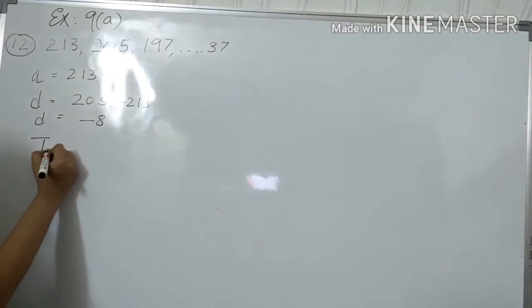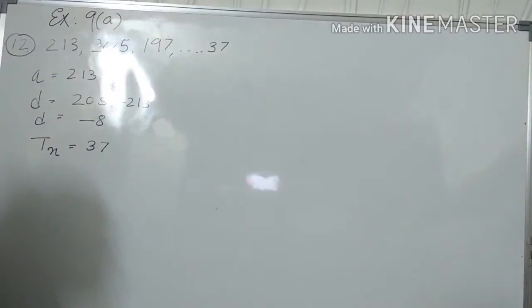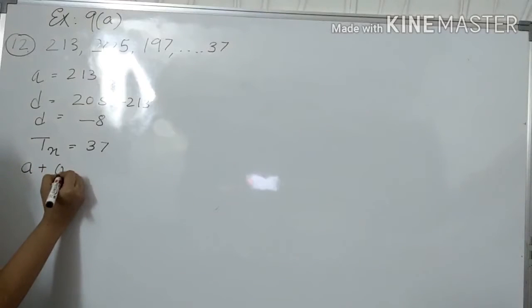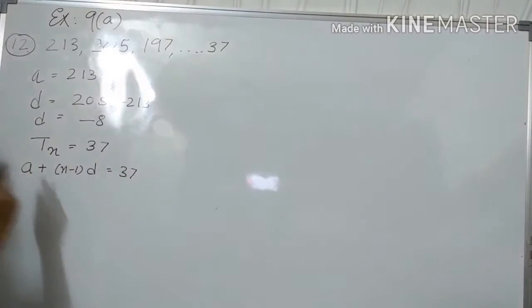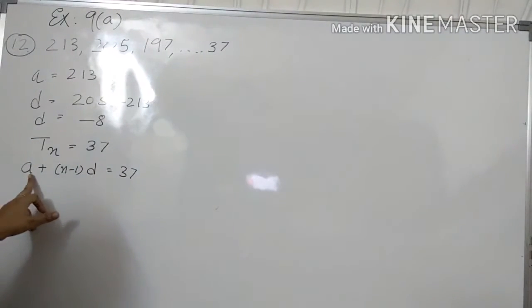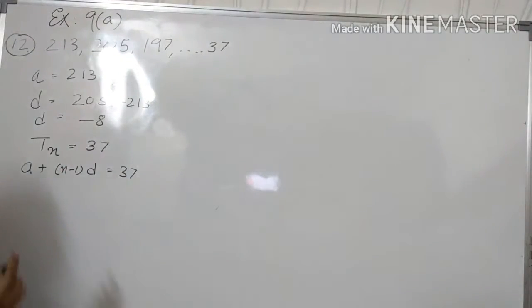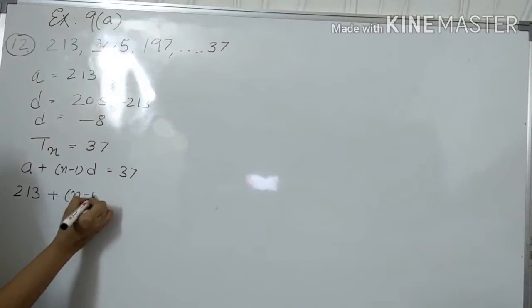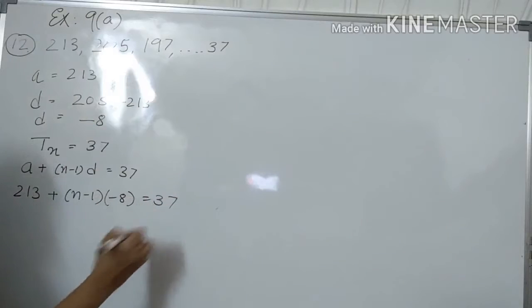Also the nth term is already known, the last term 37. So I wrote it here. Now I write a plus n minus 1 d is equal to 37, according to the Tn formula. Now we place the values here, which values, a and d. So n we will find this way. So a is 213 plus n minus 1 as it is, d is minus 8, is equal to 37.